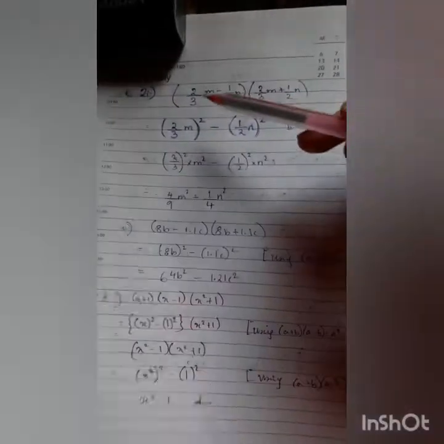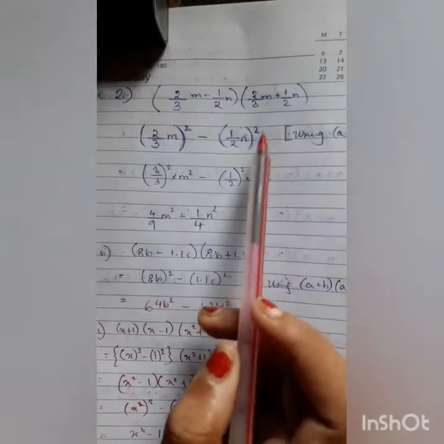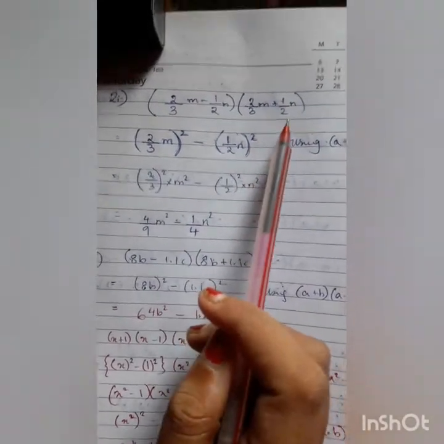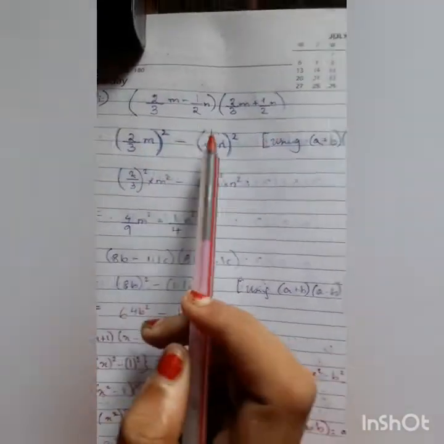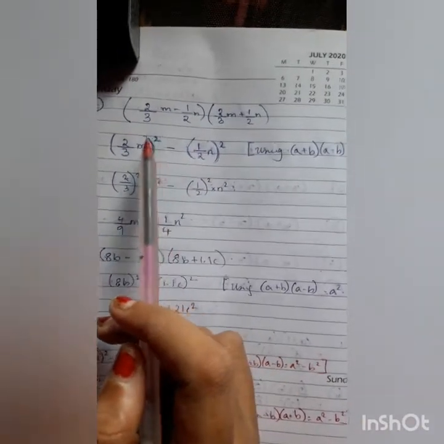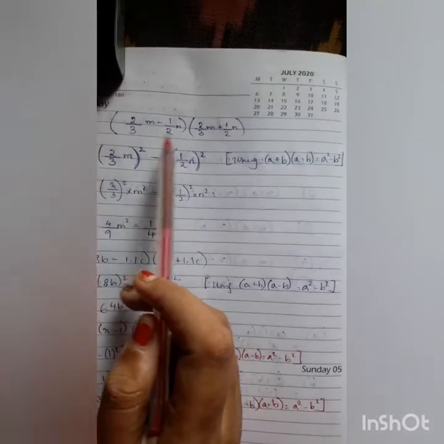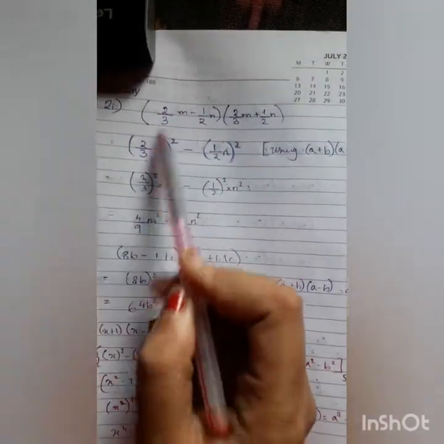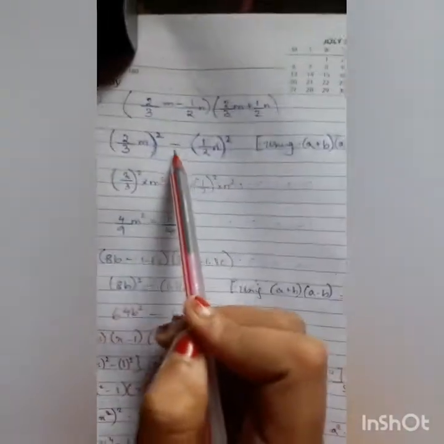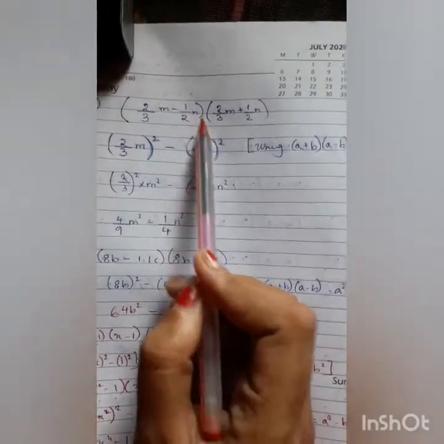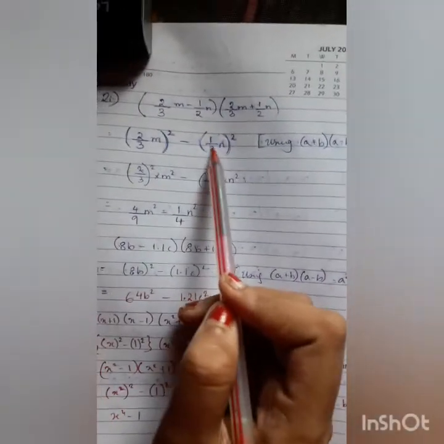Part 1, (2 by 3 m minus half n) whole into (2 by 3 m plus half n). So this is again using the formula (a plus b) into (a minus b). Here a minus b is given in the front. So the first term is 2 by 3 m. So a square minus the second term, which is 1 by 2 n or half n, so b square.